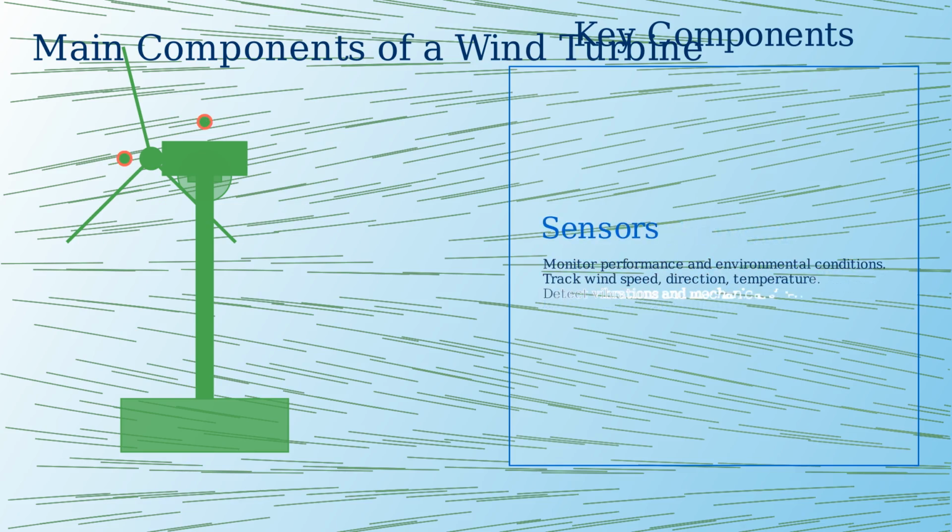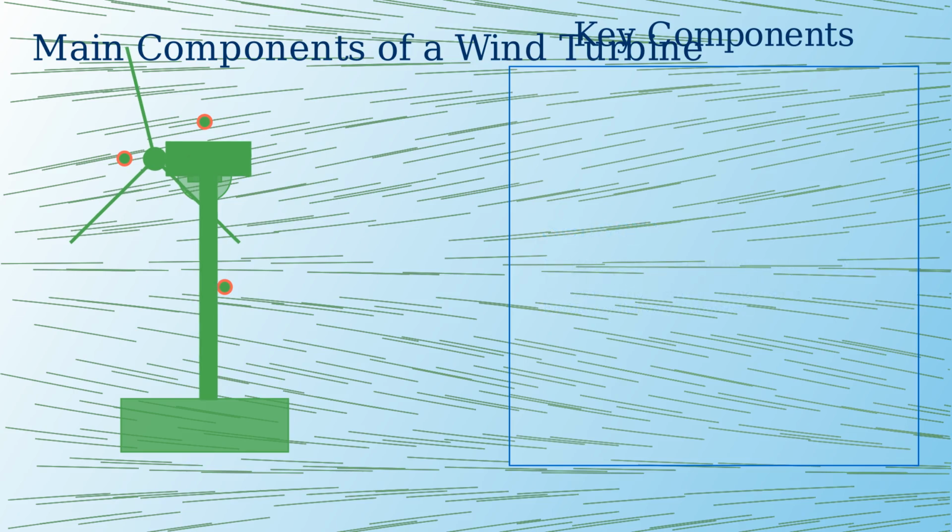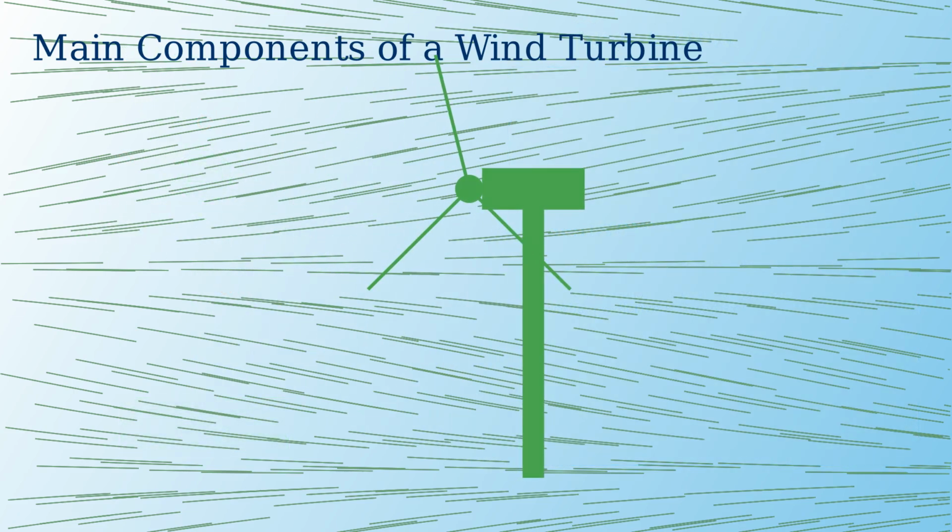Various sensors are distributed throughout the turbine to monitor performance and environmental conditions. They track wind speed, direction, temperature, detect vibrations, and mechanical stress, enabling predictive maintenance and optimal operation. All these components work together in a sophisticated system to efficiently convert wind energy into electrical power.